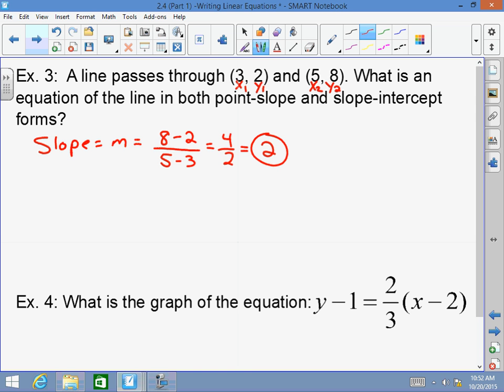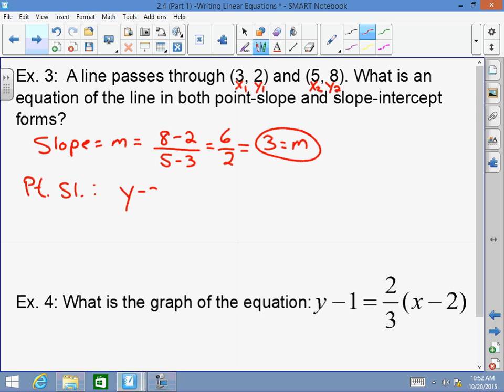Now, let's put it into point slope form. I'm sorry, that's wrong. Maybe I should learn how to add. That's 6 over 2. I apologize. Thank you. No excuses. So that would be 3. So point slope form would be y minus y1 equals m times x minus x1.